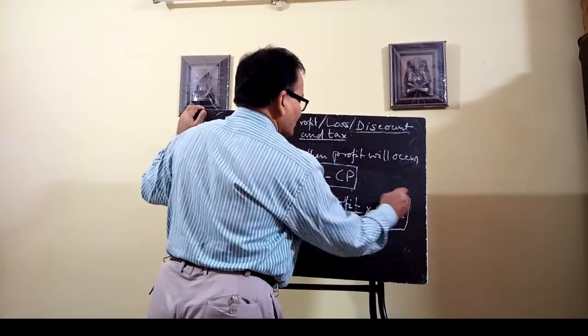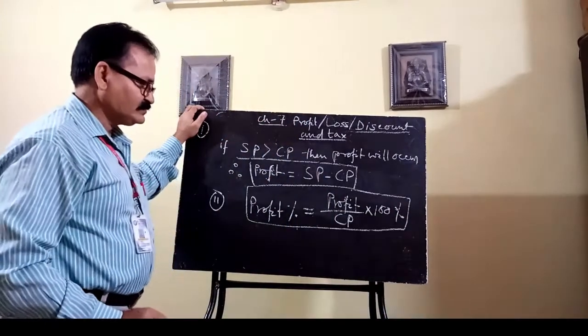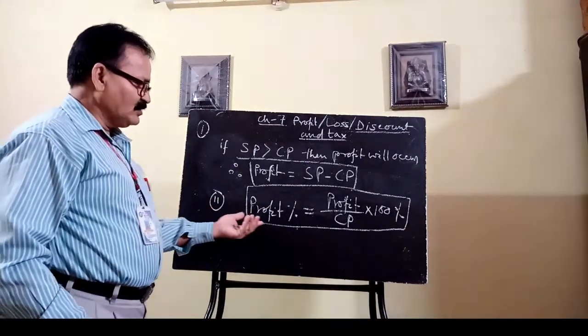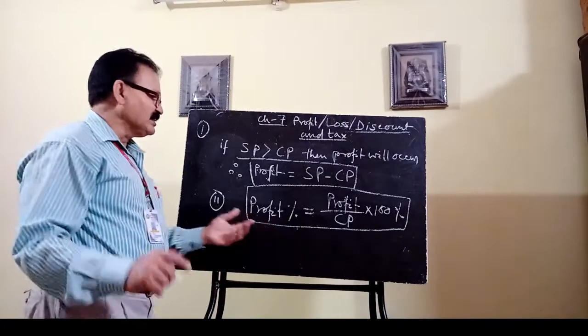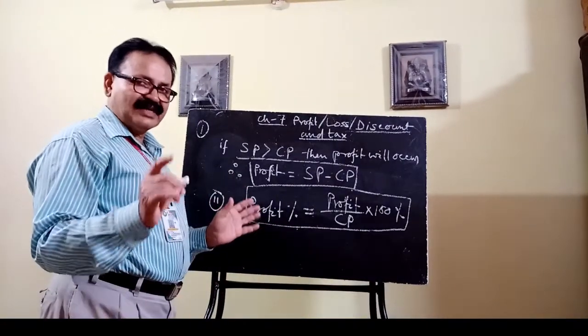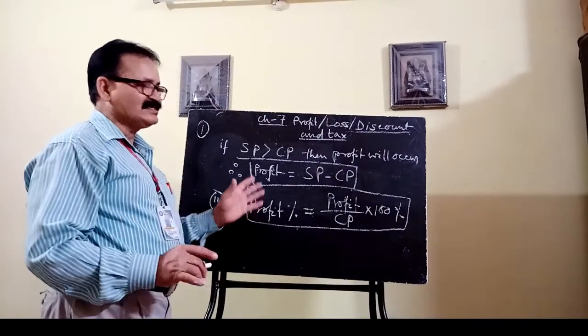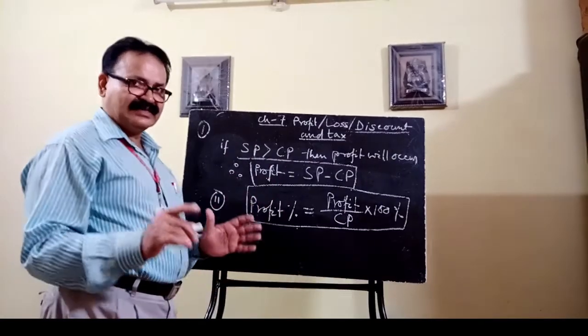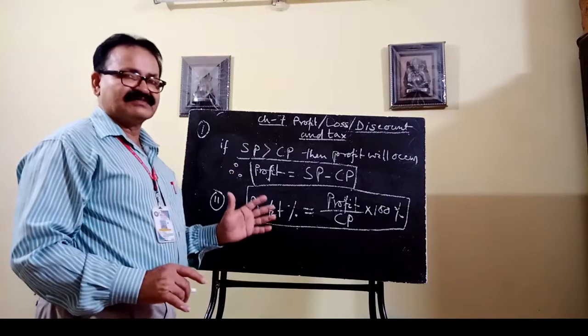This is your profit percent. This is formula number 2. You must write all the formulas in the copy. Today I will explain all the formulas related to this exercise. Then next day I will come up with various important questions of the chapter.